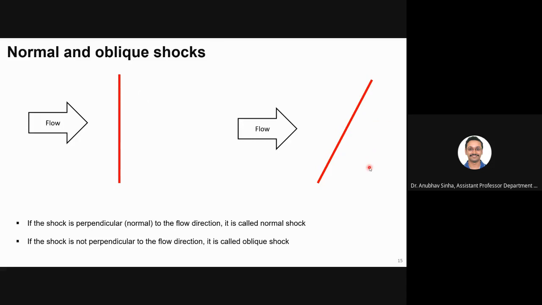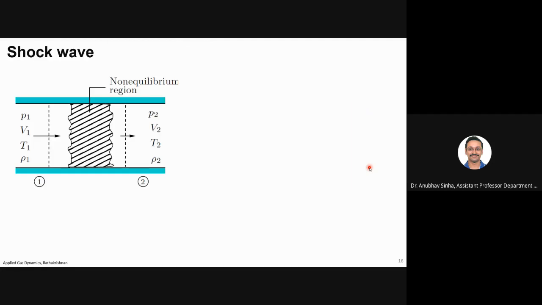This was the slide where we stopped in the last class. Inside the shock, a lot of complicated things are going on, which is beyond the scope of the subject. Second, we are not much interested in what happens inside. We are interested in what the fluid properties are upstream of that region and downstream.